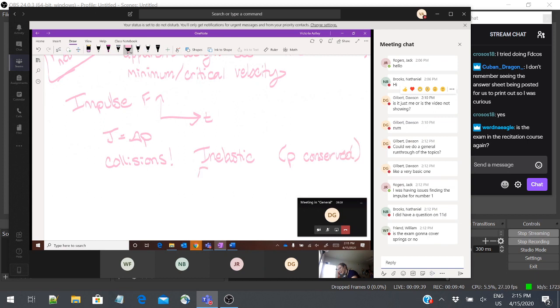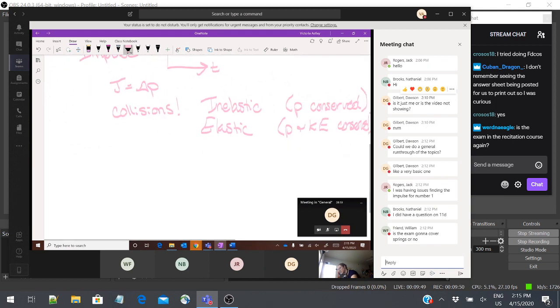There's elastic collisions, where momentum and kinetic energy are conserved. There's two-dimensional collisions, where they bounce off in different directions, right? 2D collisions.